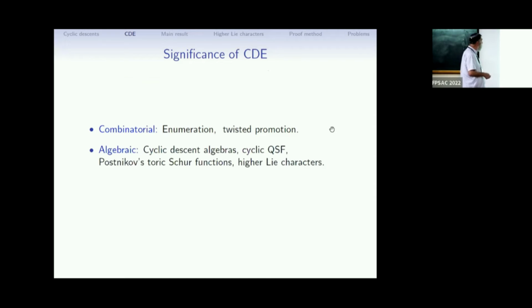Okay. Significance of CD quickly. So it's enumeration, due to the non-Schur property. There are very nice enumerative results, like cyclic Eulerians, etc., and twisted promotion by Wang. Cyclic descent algebra, cyclic quasi-symmetric functions algebra, with Ira Gessel and Vic Reiner and Ronadin, and Postnikov, Turek, Shark.